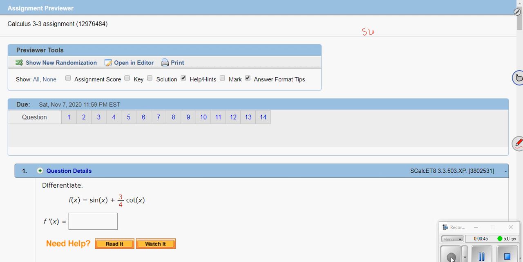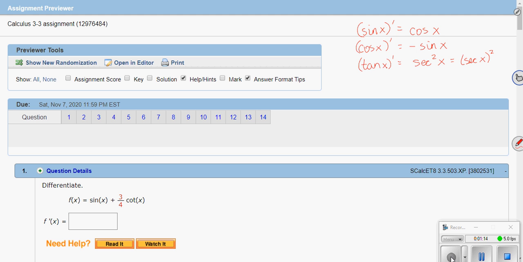The derivative of sine of x is cosine x. The derivative of cosine x is negative sine x. The derivative of tangent x is secant squared x, which I just want to point out is the same thing as secant x squared.